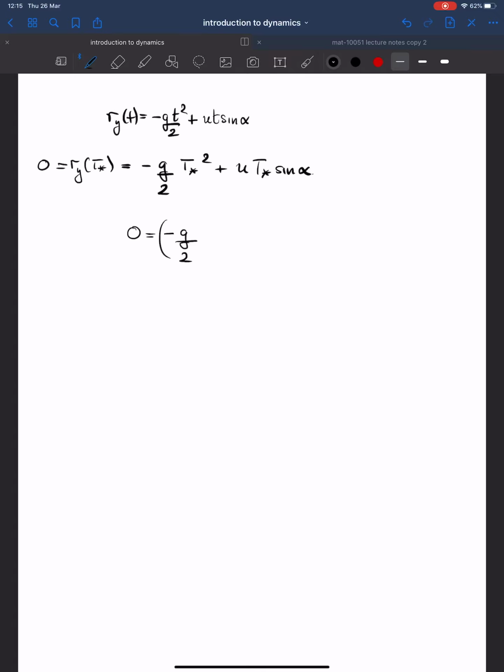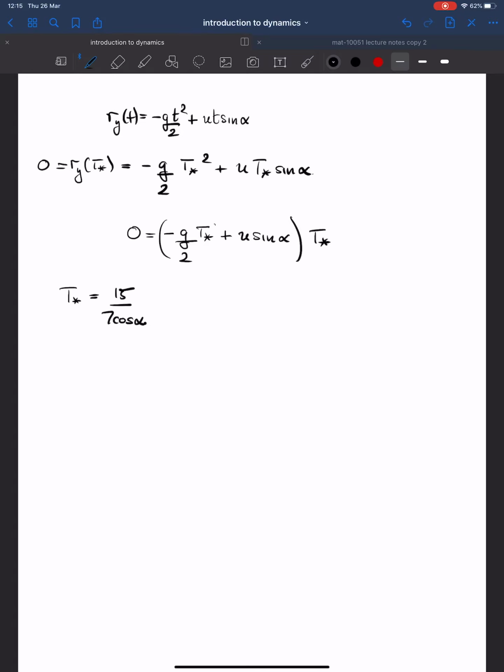Now I'm going to factorise out t star because it's unnecessary to keep it in if it's a common factor. So I have this u sine alpha t star. Now our t star is 15 over 7 cos alpha.